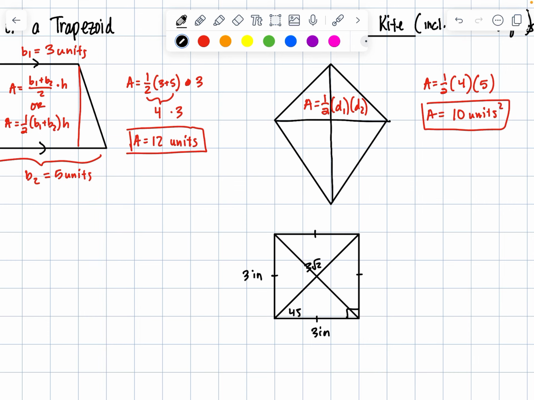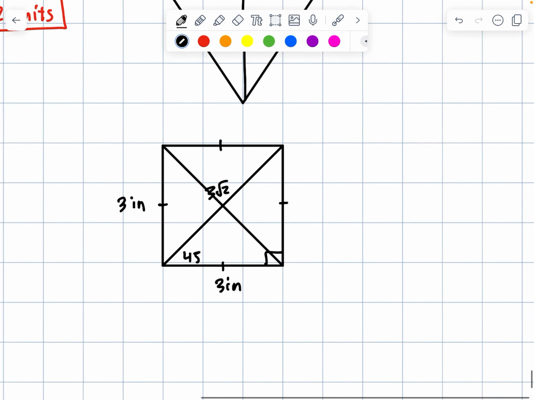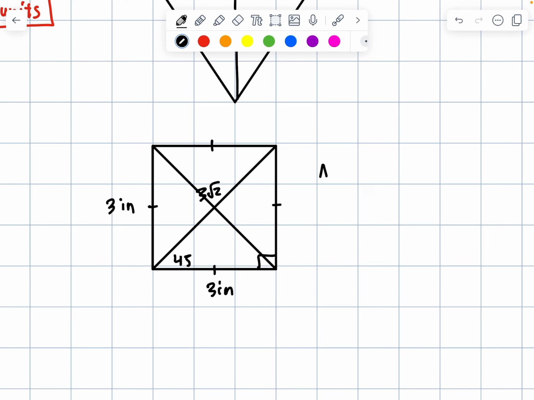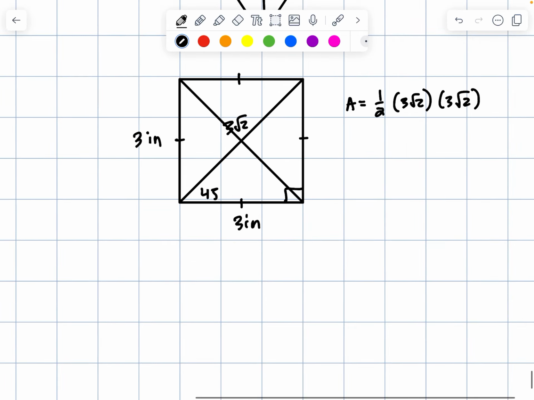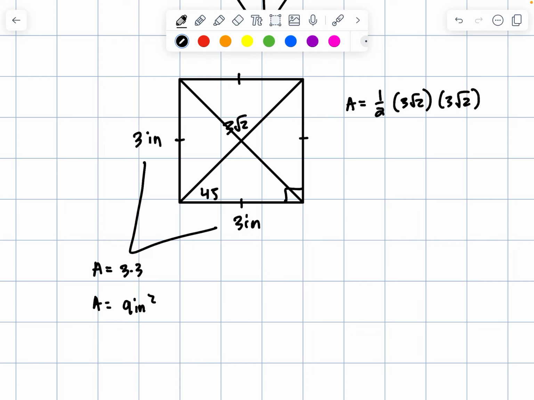Diagonal 2 would also be 3 root 2 because they're congruent, a property of a rectangle. So area would then be equal to 1/2 times 3 root 2 times 3 root 2. If we did this normally, we would just say the area is 3 times 3, which is equal to 9 inches squared.